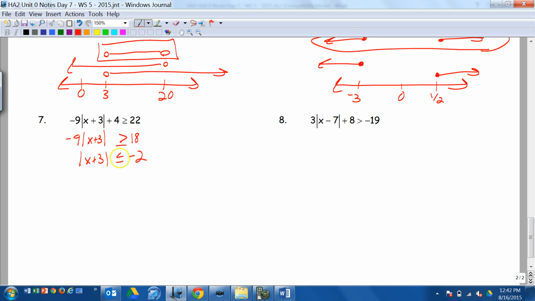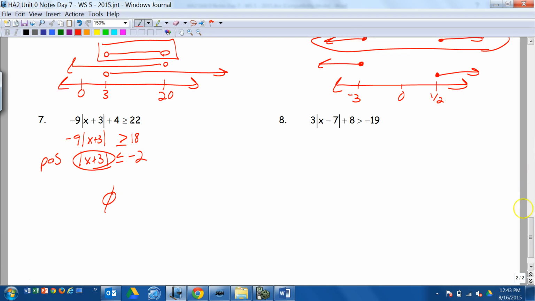But if you look at the symbol, it's saying, where are the x values where this side will be less than negative 2? Well, the absolute value will always give you a positive. So will this side ever be less than negative 2? Hopefully you guys say no. This would be a no solution. Okay? Can't have, this has to be positive. So I'll write positive.